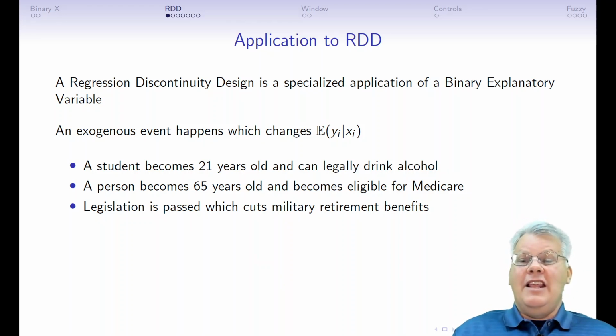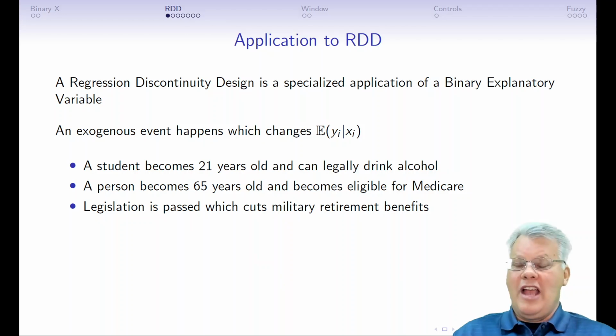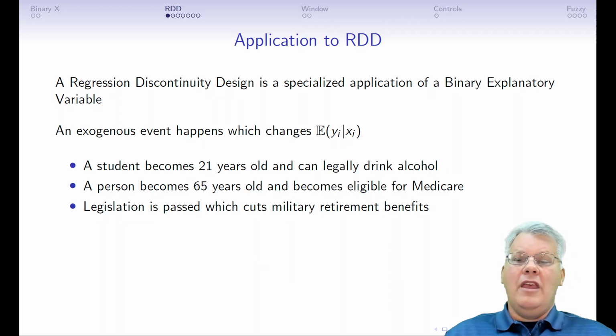And back in 1986, the federal government passed legislation which, if you had your first commitment or contact with the military after August 1st, 1986, then your retirement benefits were cut by 20%, right?